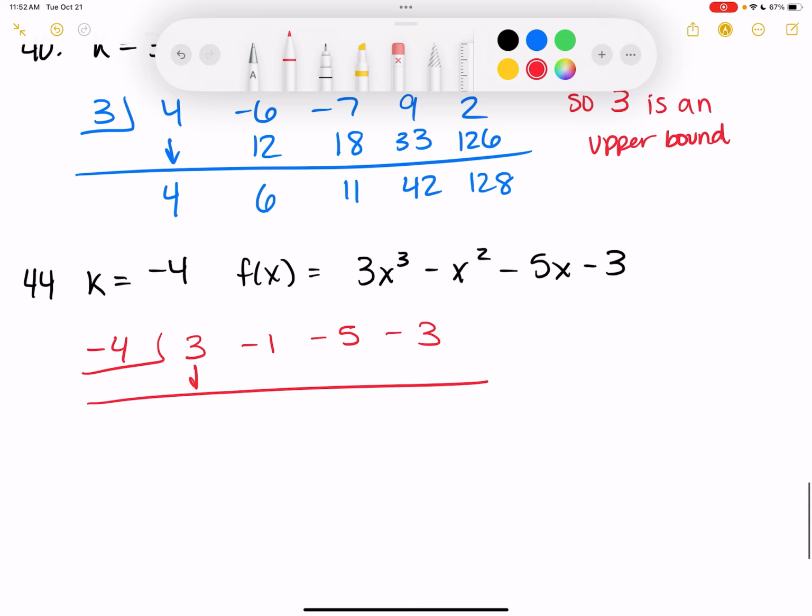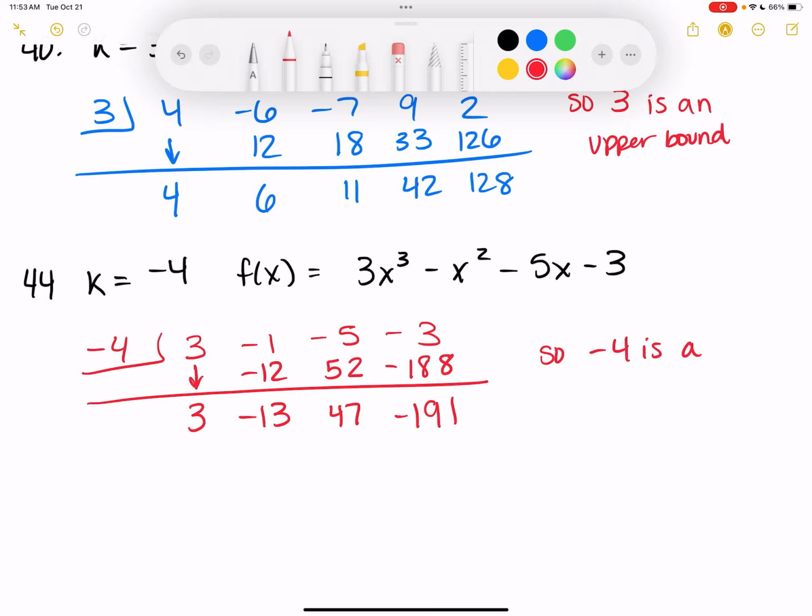Times -4 is -12, minus 1 is -13, times -4 is positive, thank you, 52, minus 5 is 47, times -4 is -188, minus 3 is -191. So this is positive, negative, positive, negative. And again, zeros can work in there as well. So -4 is a lower bound.